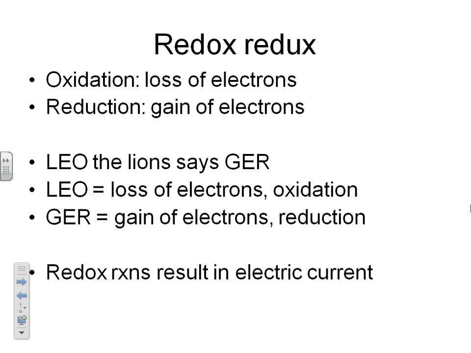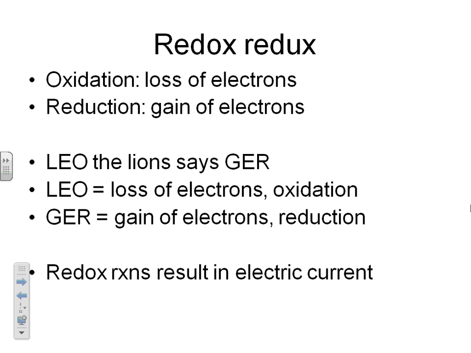With redox reactions, the big thing that we're going to talk about in this unit, we are not so focused on the basics of redox, on what oxidation is and what reduction is, because we already know that, but we're going to be talking instead about electrochemistry. It's called electrochemistry for a reason, and what we need to realize is that these redox reactions, this oxidation and reduction together, result in an electric current, because you look at these definitions of oxidation and reduction, you realize that electrons are moving around.